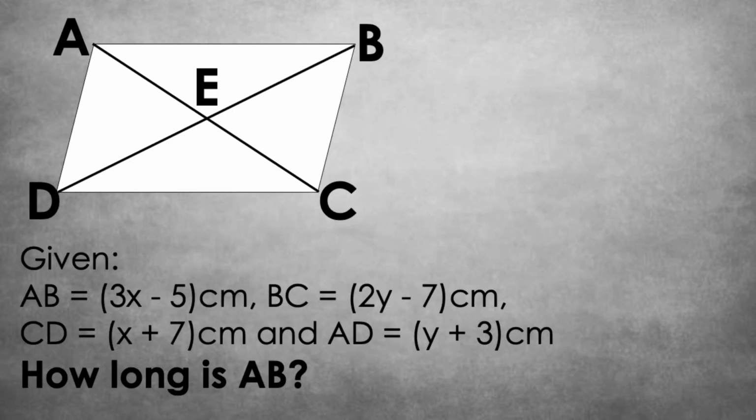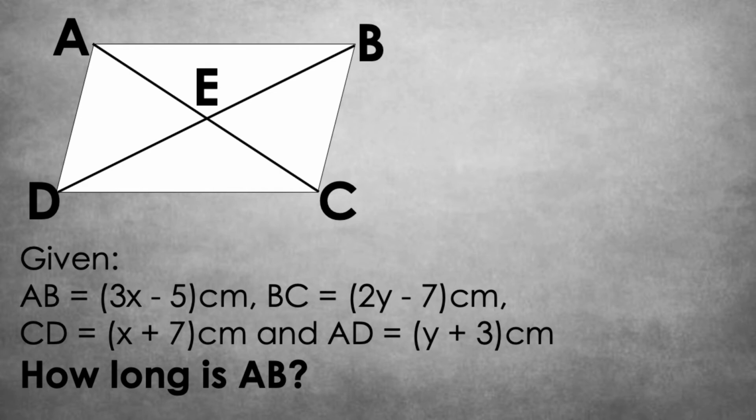First, given that line segment AB is equal to 3x minus 5 centimeters, line segment BC is equal to 2y minus 7 centimeters, line segment CD is equal to x plus 7 centimeters, and line segment AD is equal to y plus 3 centimeters. The question is, how long is line segment AB? With the given information, what property of parallelogram can you use?